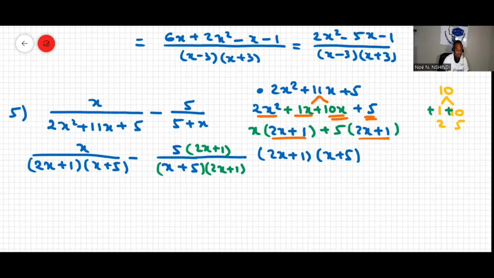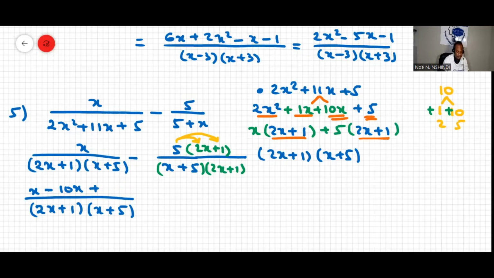denominators are common. We can now combine the numerator, okay? 2x plus 1, x plus 5, under x minus 10x, because here we do 5 times 2x, and then 5 times positive 1. So 5 times 2x makes 10x. 5 times 1 makes plus 5.